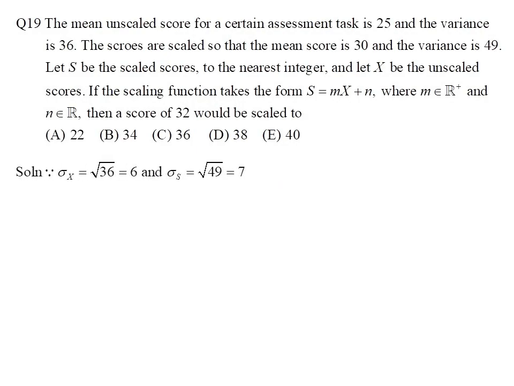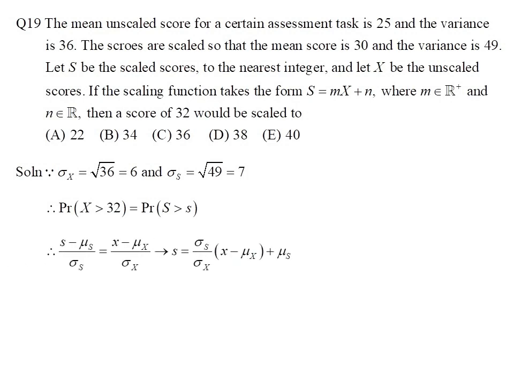Based on the distribution probabilities of both scaled and unscaled scores being equal to each other, as well as the given values of mean and standard deviation of both unscaled and scaled distributions, we have Pr of X is greater than 32 equals Pr of S is greater than s.